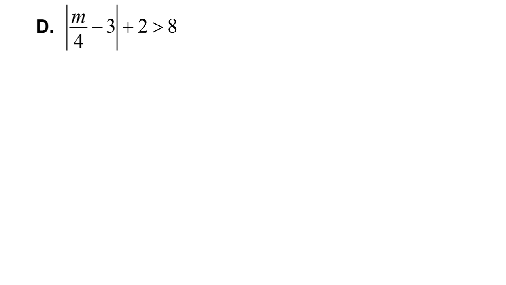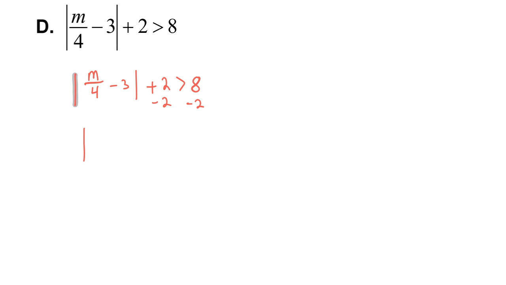So we have this inequality. The only difference with this inequality compared to your other inequalities is you have a fraction inside the absolute value. But you're going to go through the same process. You first have to subtract 2 from both sides.